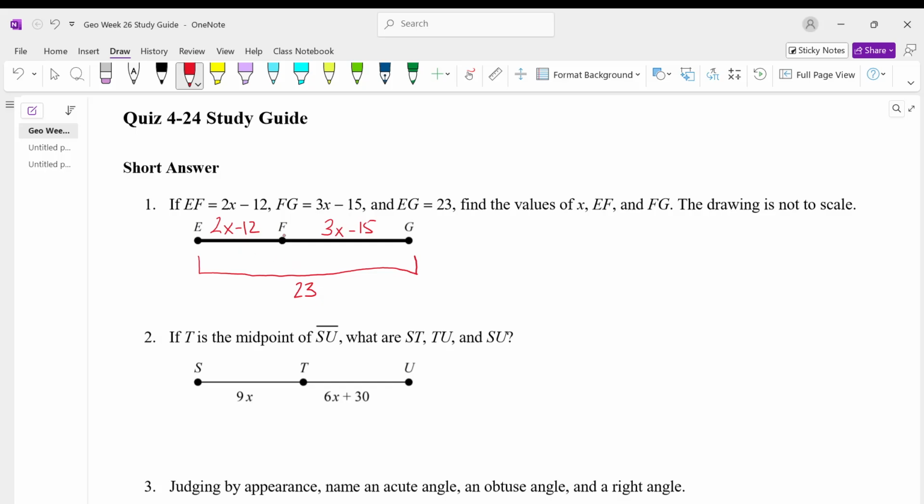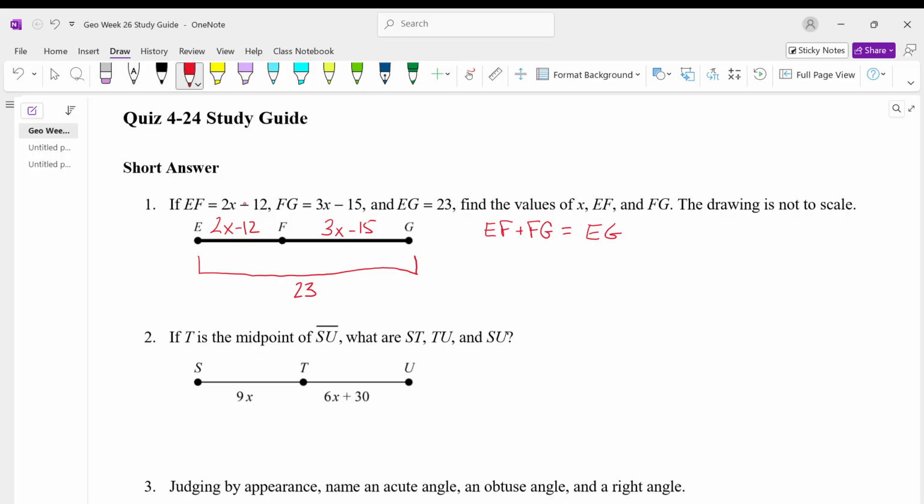Well, going back to the segment addition postulate, in this segment we can say that EF plus F to G is equal to E to G. If you add up the length of the two smaller segments, it's going to equal the larger segment.